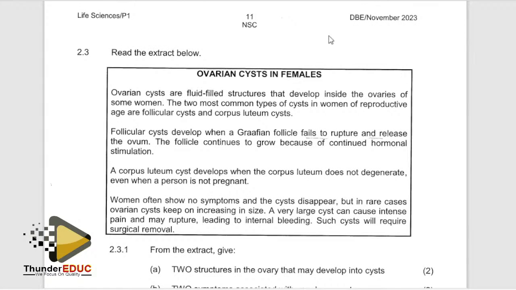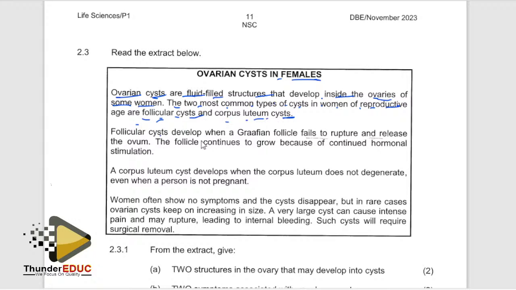The ovarian cyst influences females. They are saying ovarian cysts are fluid-filled structures that develop inside the ovaries of some women. The two most common types of cysts in women of reproductive age are the follicular cyst and the corpus luteum cyst.